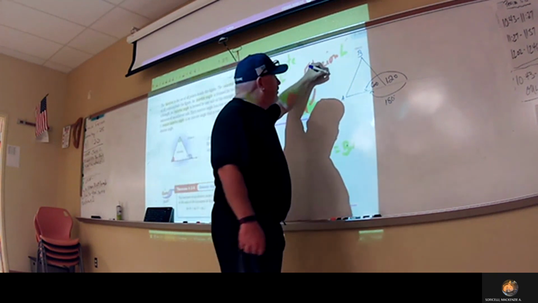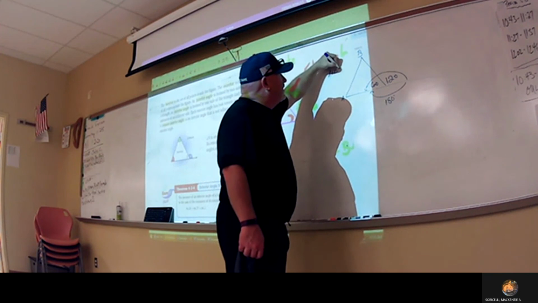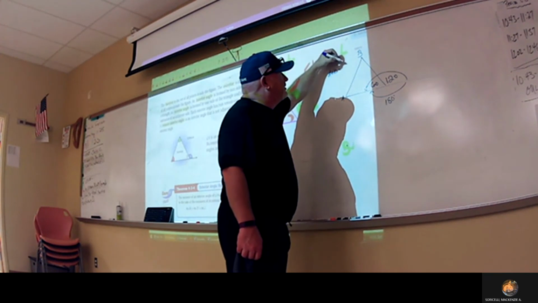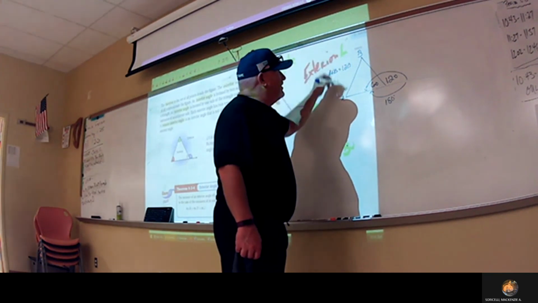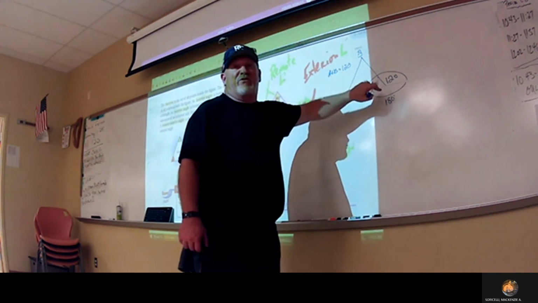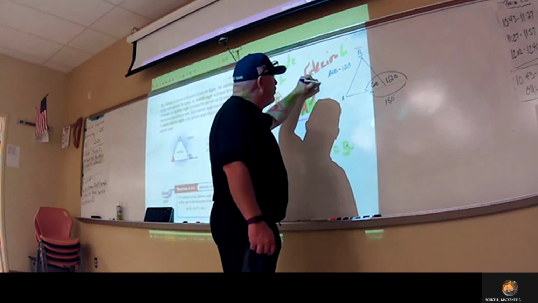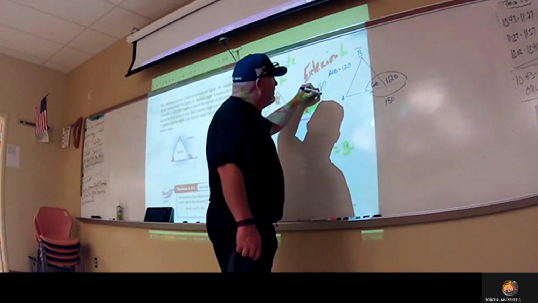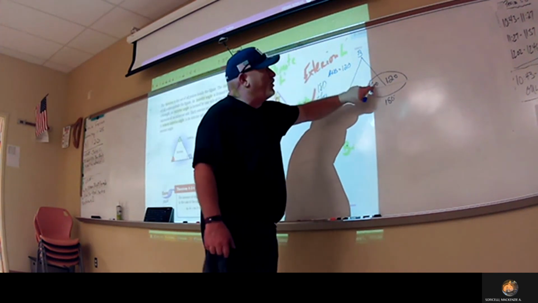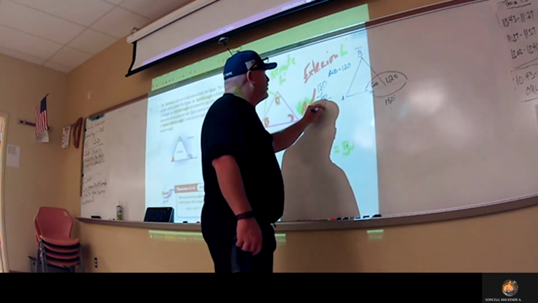Angle A plus angle B equals 120, because the remaining amount in that triangle is 180 minus 60, which I just showed you how to do. So 120.